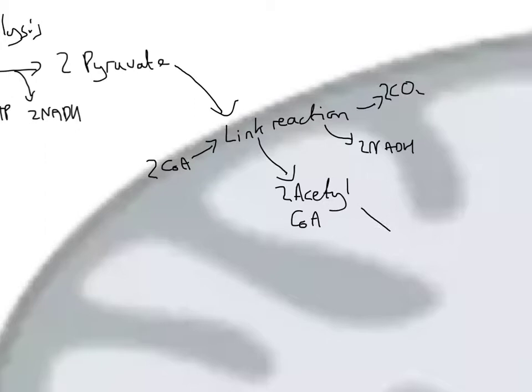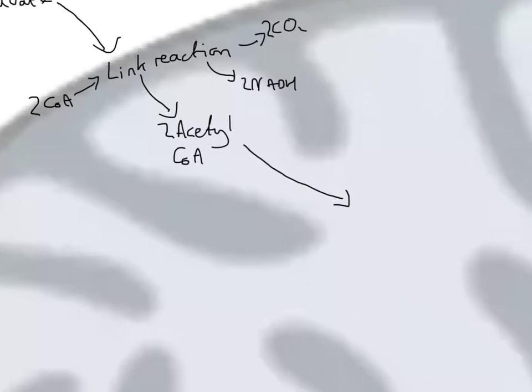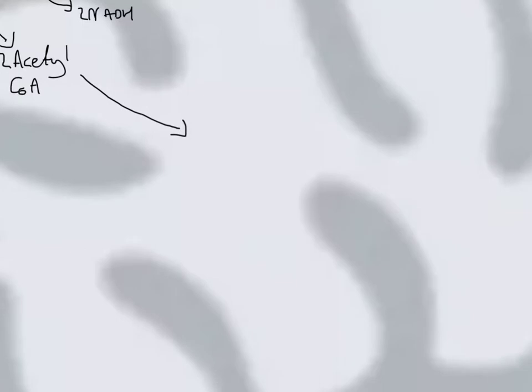This then moves into the Krebs cycle. And the Krebs cycle, as we already know, involves the complete loss of anything else. So we've got our two acetyl-CoAs.